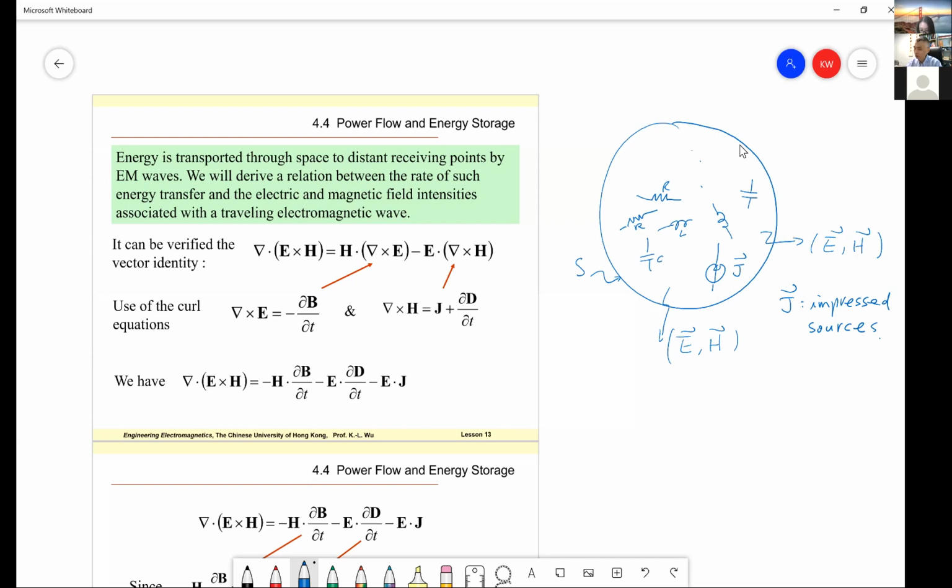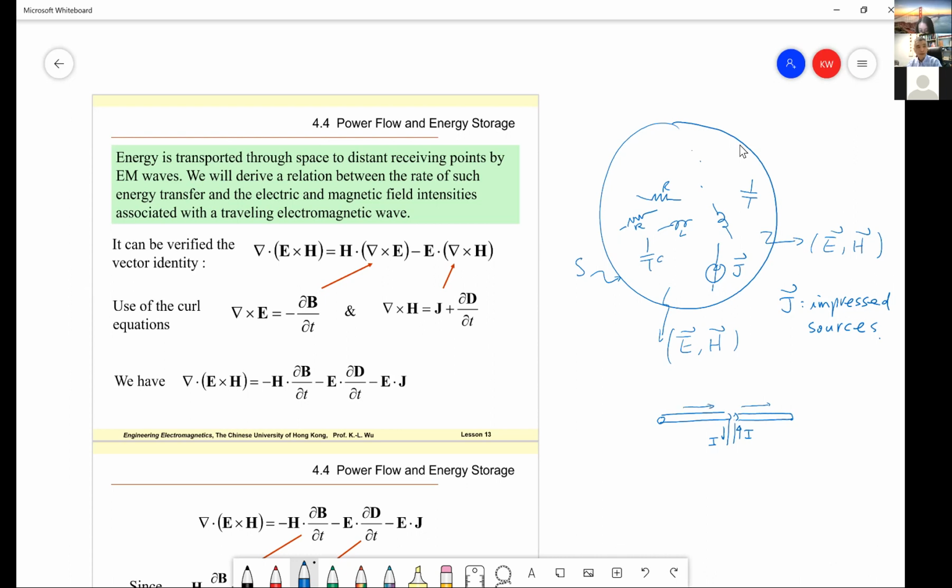For example, I take a very simple antenna, a dipole antenna. So I have a feeding line, and in this feeding line I have a current. Then this is a very simple antenna.